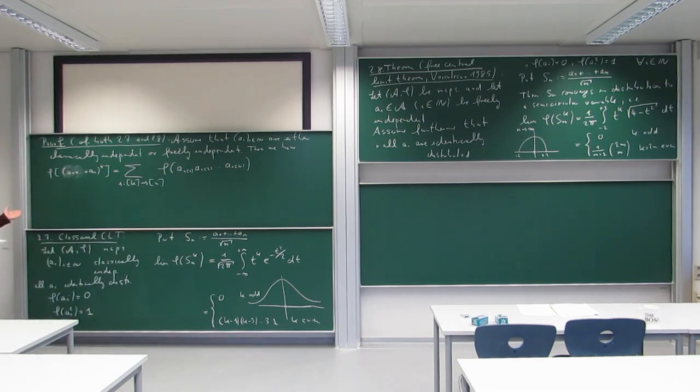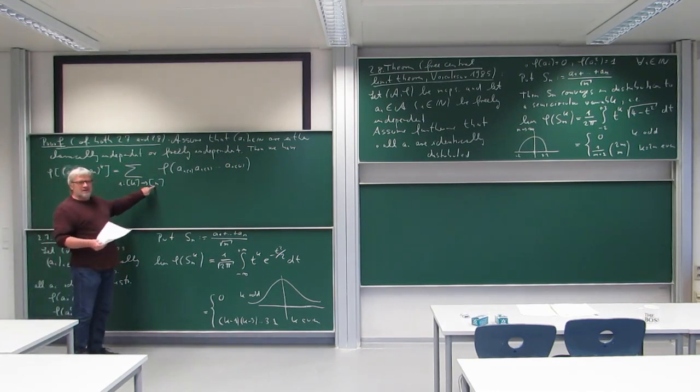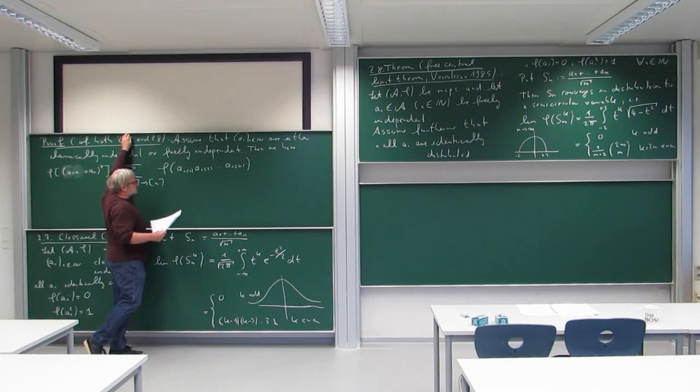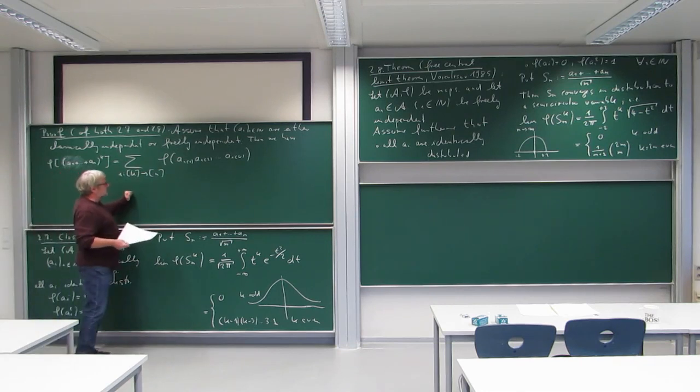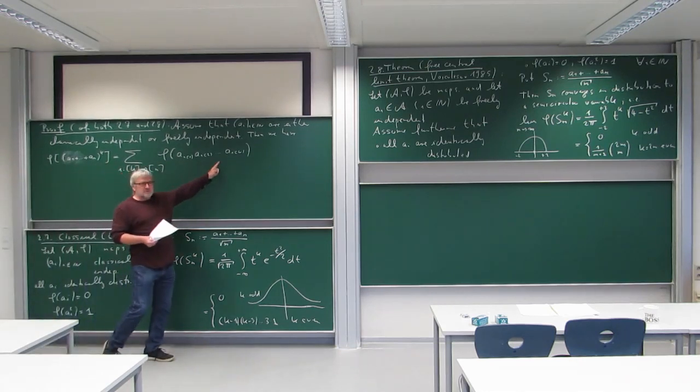Good. And of course the problem is, if n goes to infinity, this sum is getting bigger and bigger. I'm getting more and more terms, and it's hard to control this. The crucial insight is that many of the terms, the numbers which I get here, are the same for different i's.